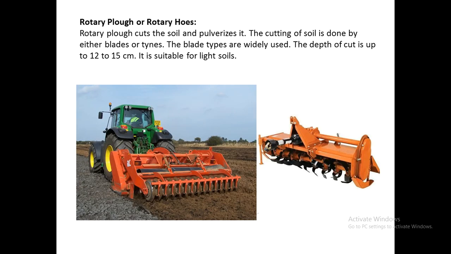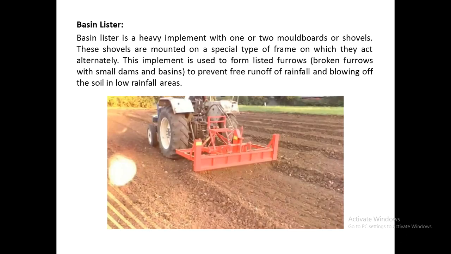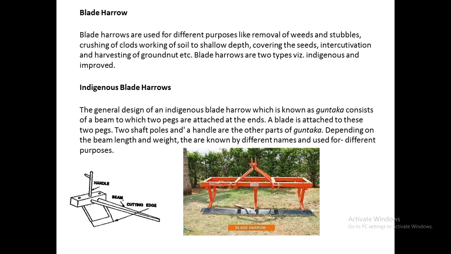Rotary plow is nothing but a plow where the moving element is rotating. The element can either be blades, knives, shears, etc. Basin lister is an implement used for creating basins in the field. This is generally done before basin type irrigation is carried out.